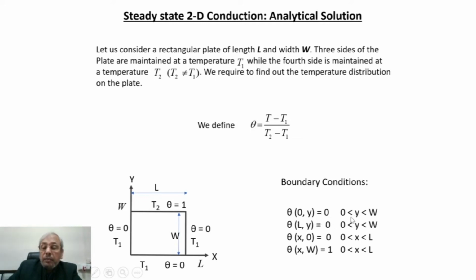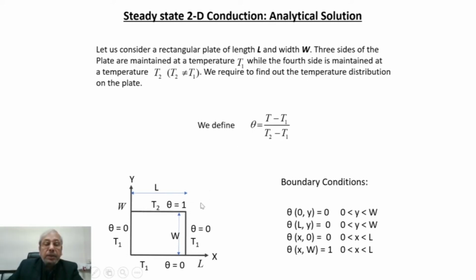Theta(0, y) is 0 between y equal to 0 and W, theta(L, y) is 0 between y equal to 0 and W, theta(x, 0) equal to 0 between x equal to 0 and L, theta(x, W) equal to 1 between x equal to 0 and L. So left hand side 0, bottom side 0, right hand side 0, top side 1.